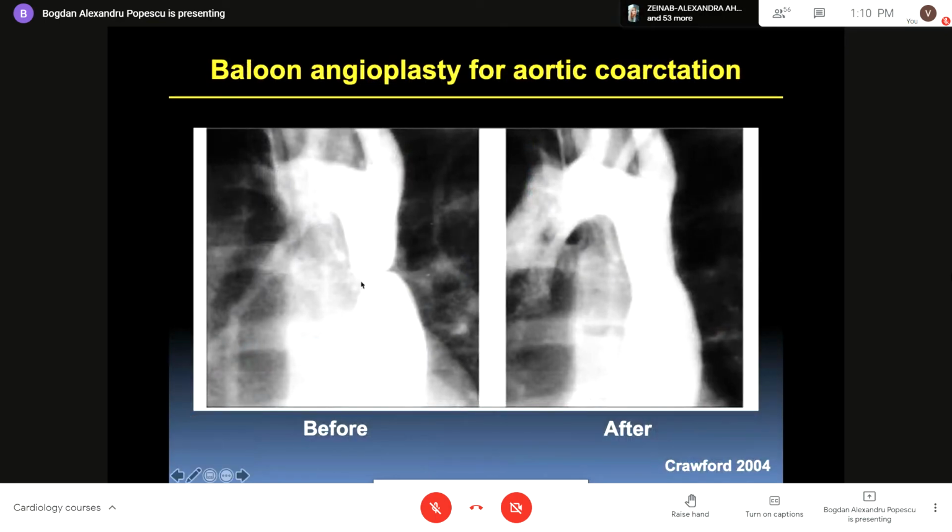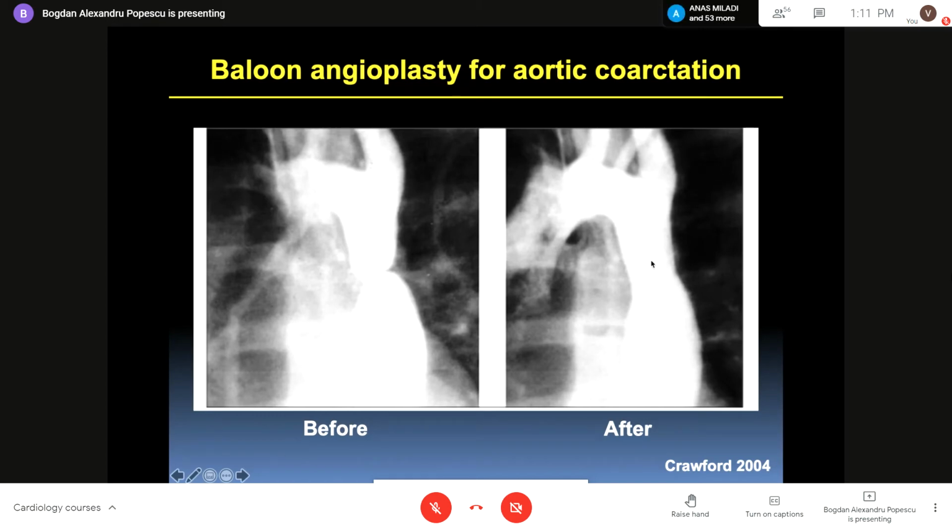So this is how it looks at angiography initially. You can see here it's quite narrow, but then you inflate a balloon, you dilate a vessel, and you see after, the diameter is pretty good and pretty similar to the arch.